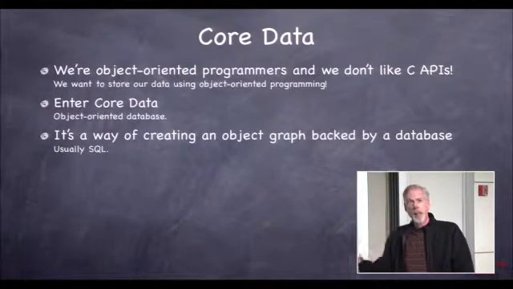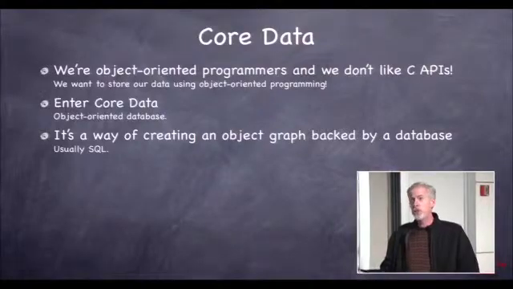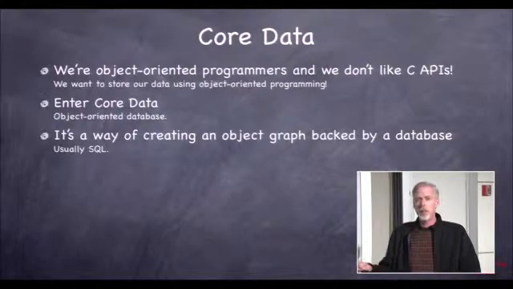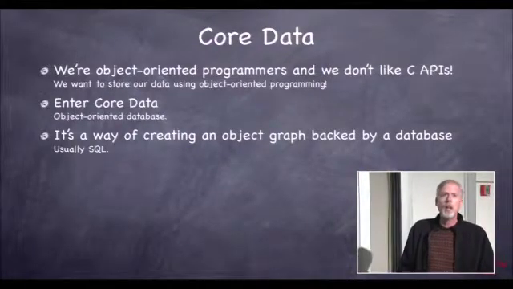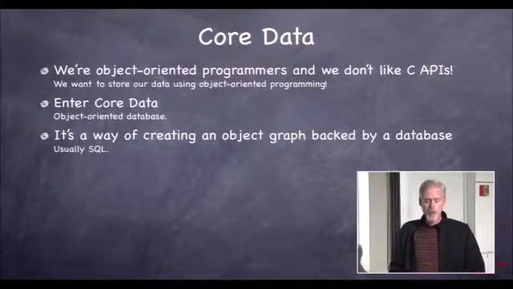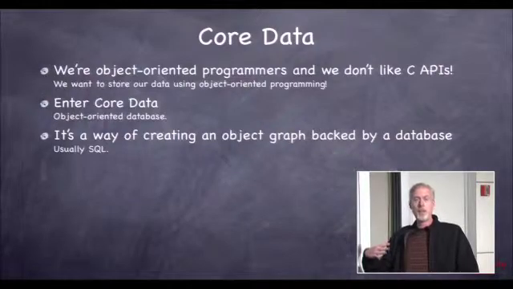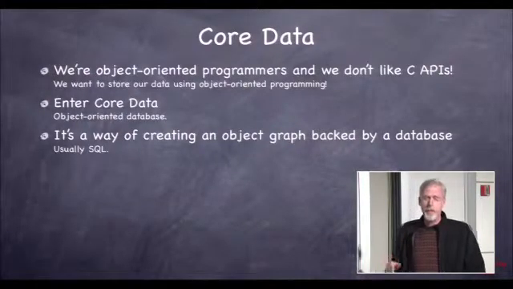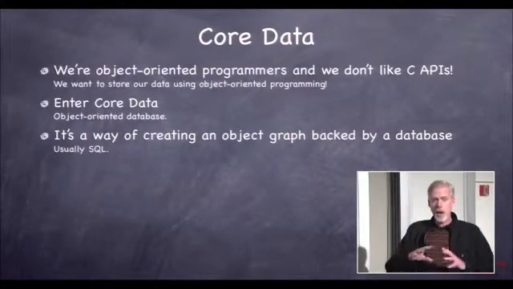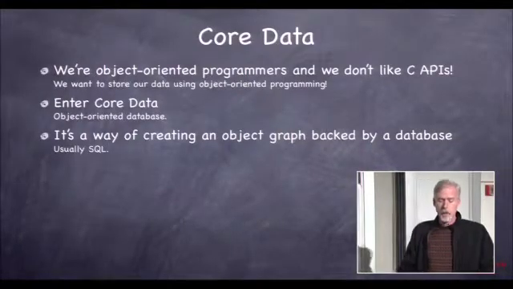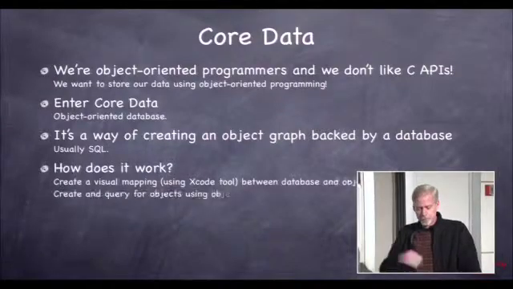The backing of Core Data, however, is usually something like SQL, and by default it's SQL, and that's what we're going to use in this class. Core Data is flexible enough that you could put a different backing store behind it, which some people do in certain cases, but that's advanced usage. So we're basically going to have an object-oriented database on top of a SQL database.